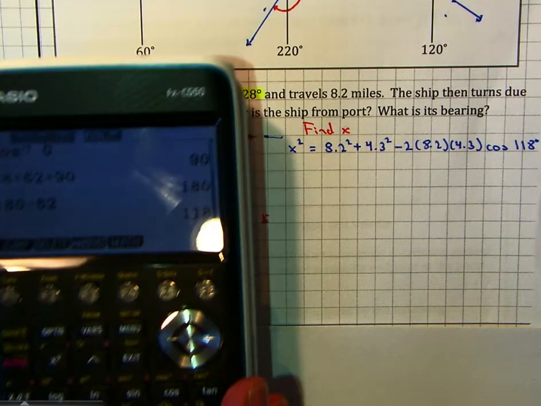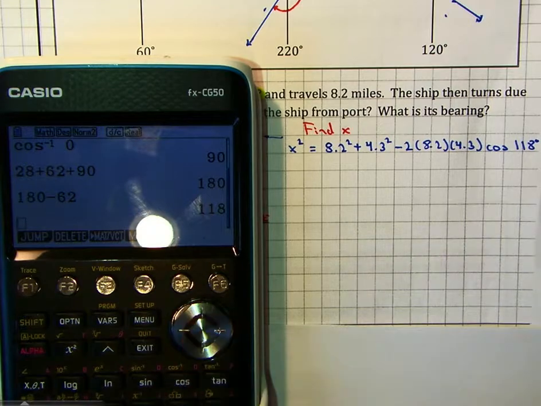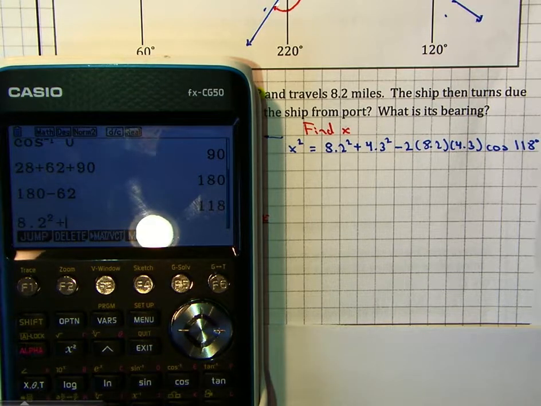And what's nice about this calculus that we have now is that we can type everything at once. So therefore, it'll be 8.2 squared plus 4.3 squared minus 2 times 8.2 times 4.3 times the cosine of 118 degrees.